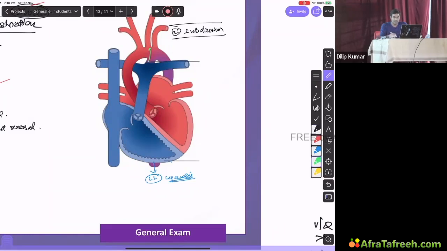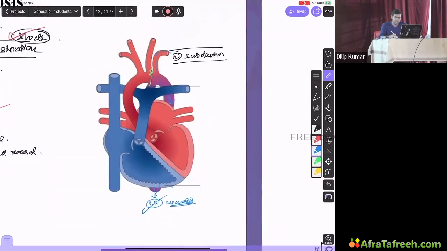So suppose the PDA opening is proximal to the left subclavian in certain patients. Now this deoxygenated blood will not reach only the lower limbs. It will reach the left arm also through the left subclavian.